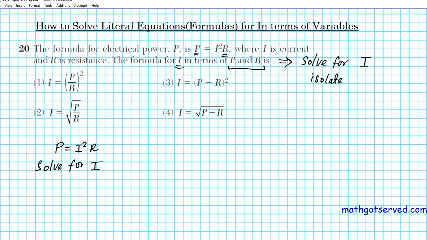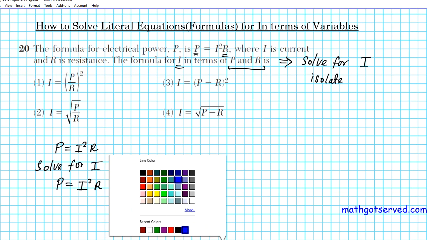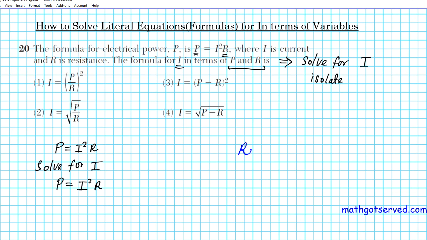Okay, alright. So before we get started solving for I in this equation, let's do a real quick review of our inverse operations. You have to remember the following. So recall inverses. The whole idea of inverses involves undoing an operation.